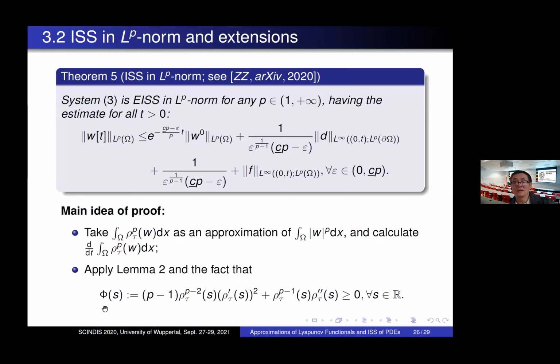It is also easy to verify that this function is non-zero. Based on all this, we can compute directly the time derivatives and get these estimates. So we have proved the exponential stability of this parabolic equation with Neumann and Robin boundary conditions.